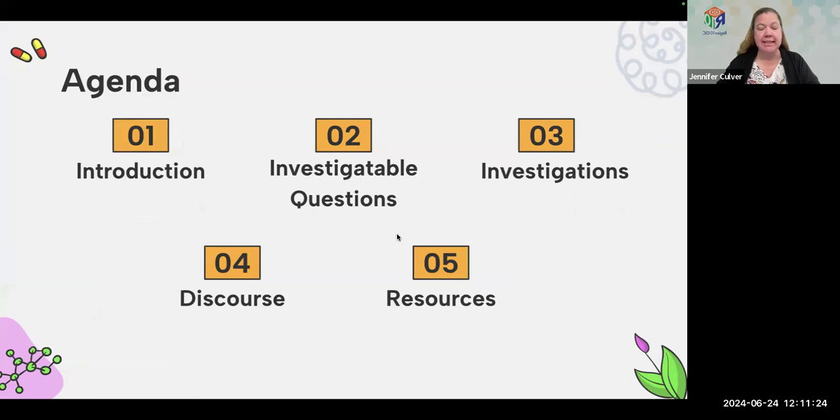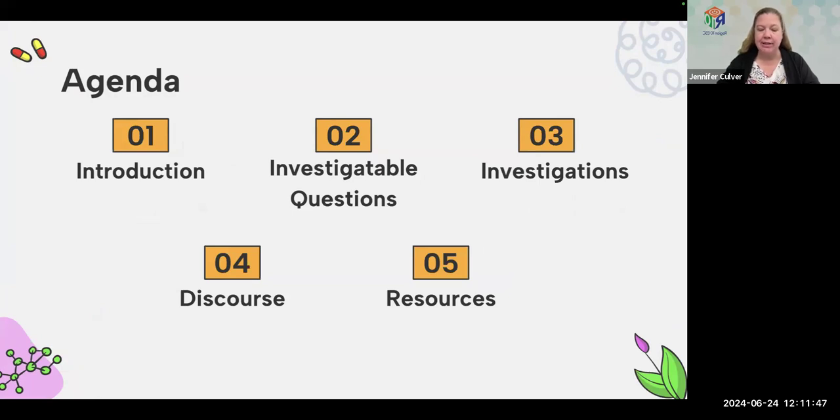So today's agenda is kicking off with a quick introduction of who I am. Then we are going to dive into 3 areas in which the science classroom allows for differentiation and meeting the gifted and talented students' needs. These areas are investigable questions, investigations, and discourse.